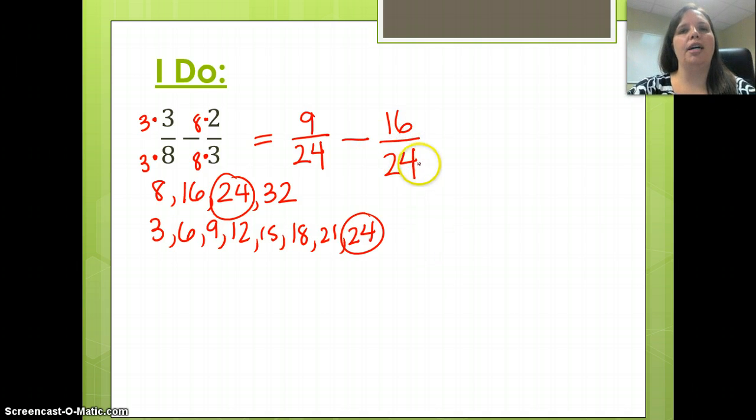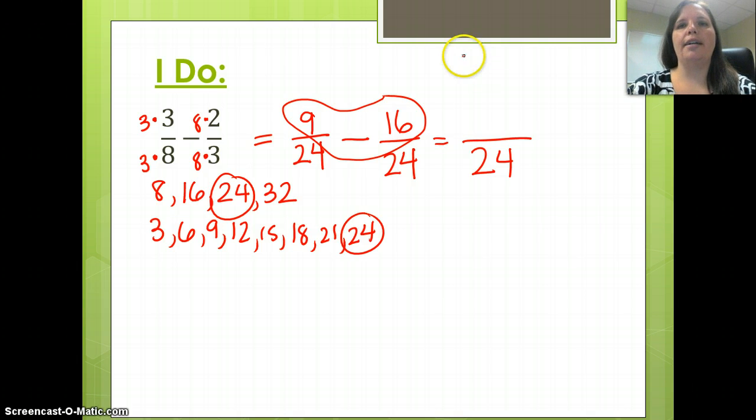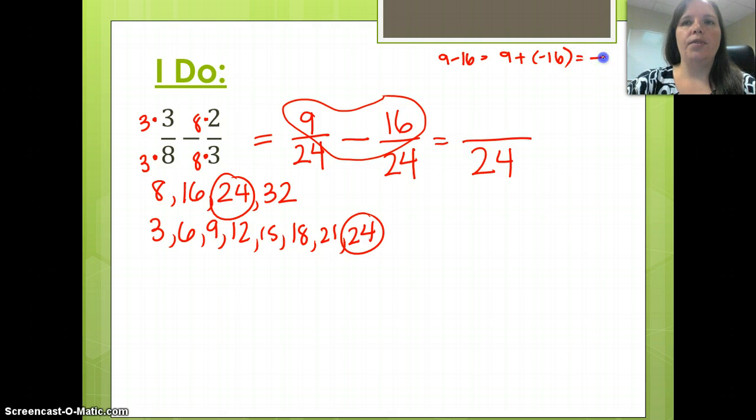Now that I have my common denominators, step 3 is keep the denominator and then perform the problem that's in the numerator. So if it's addition, add. If it's subtraction, subtract. So 9 minus 16, or in other words, 9 plus negative 16, is negative 7.